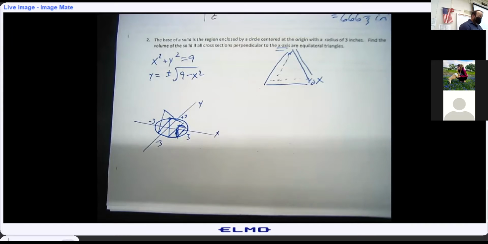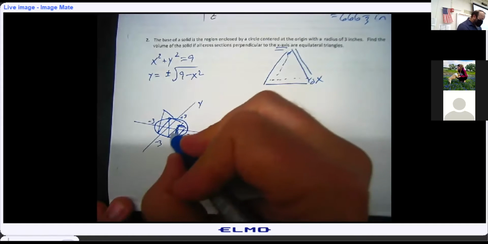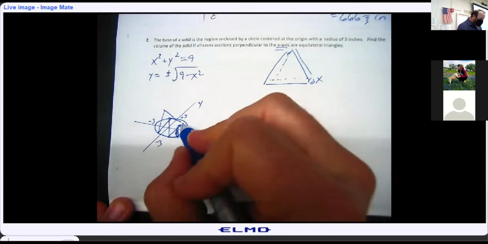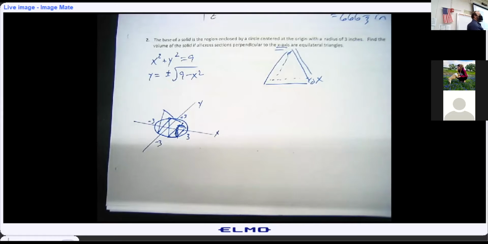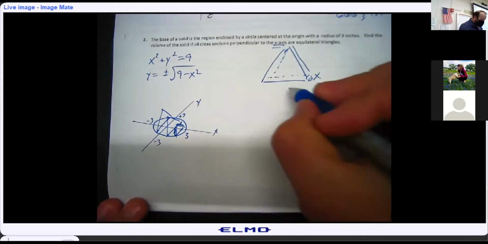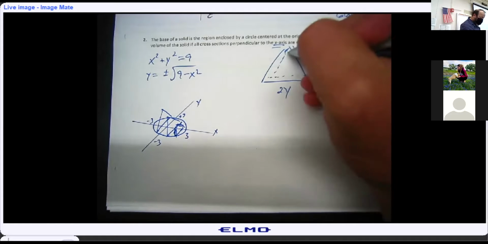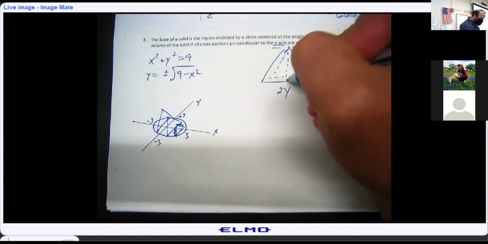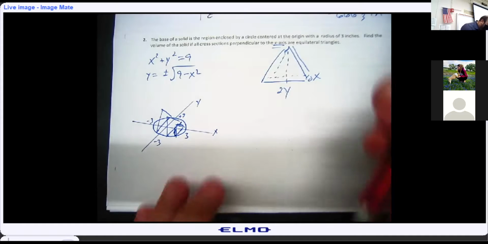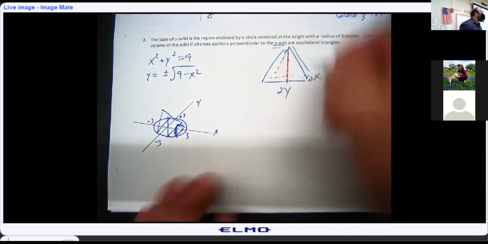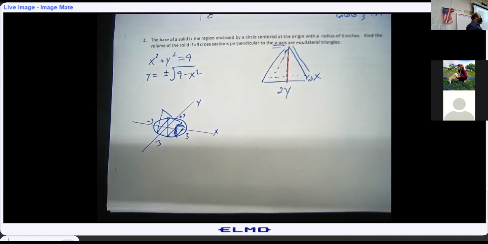So see if you guys can help me what this is. From the base, what is that base? All the way across, just like the previous problem. It's 2y. Now, what kind of triangle is this thing? That's equilateral. And if it's equilateral, then we know that all of those angles are 60 degrees, right?